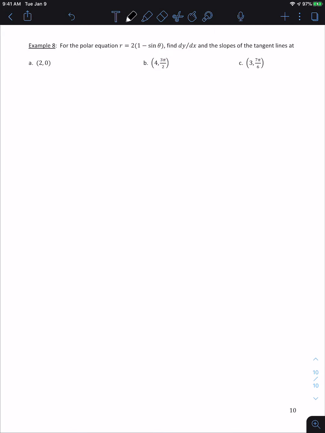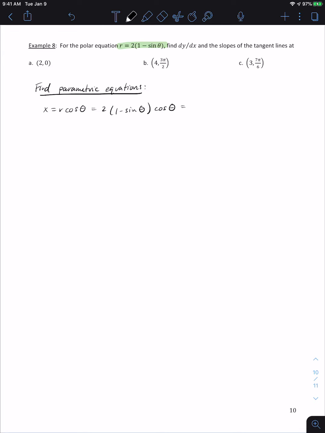So first things first, in order to find dy/dx, I need to find my parametric equations for x and y. So x equals r cosine theta, but in this case, what is r? r is 2(1 minus sine theta), and then we multiply that by cosine theta.